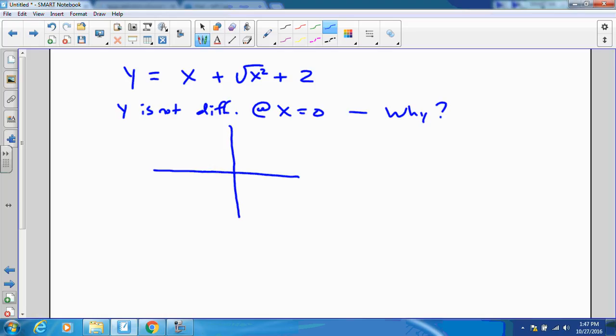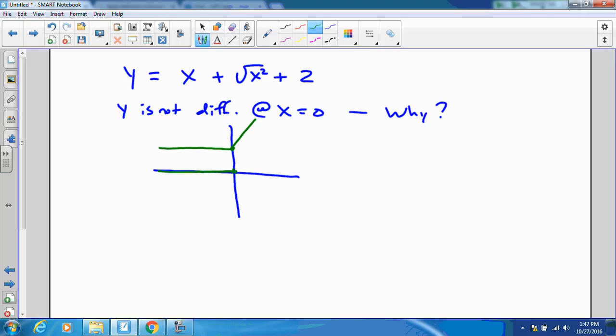So I do a quick sketch on my calculator, and something interesting pops up: my function looks like this, and then it looks like this.